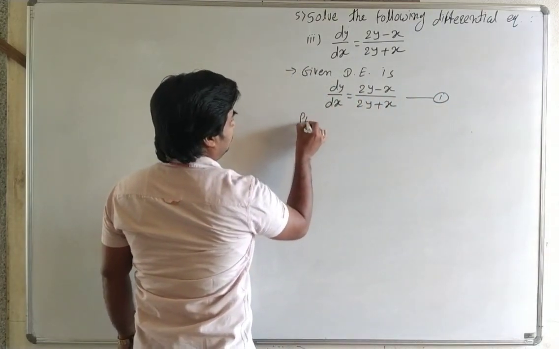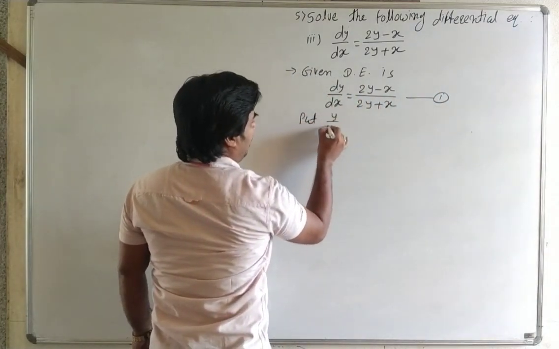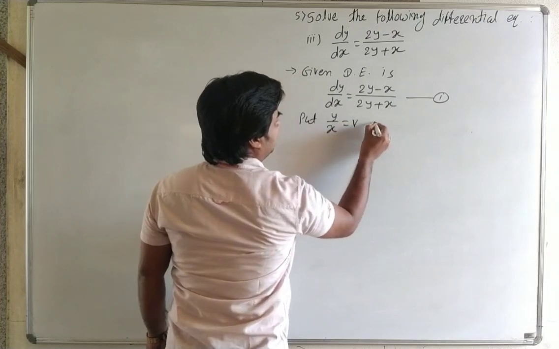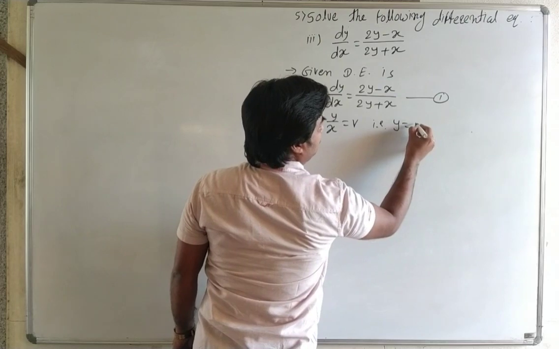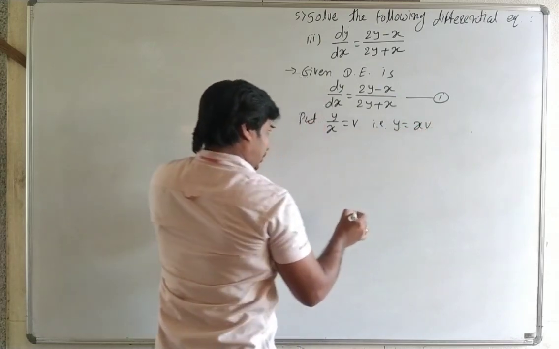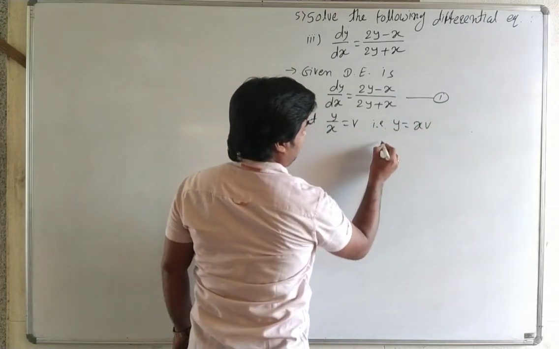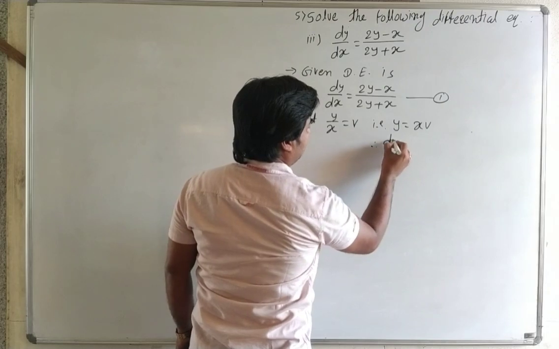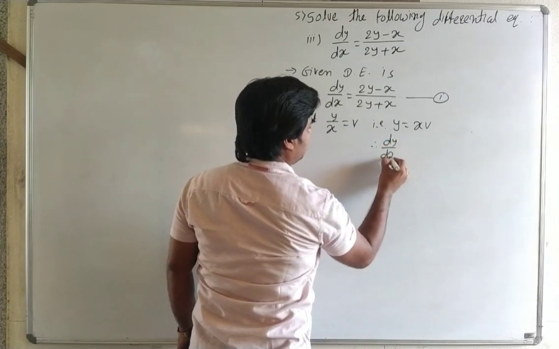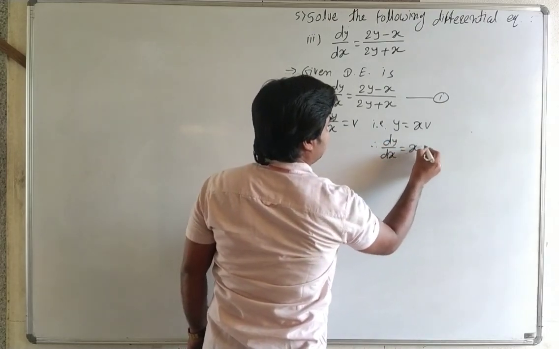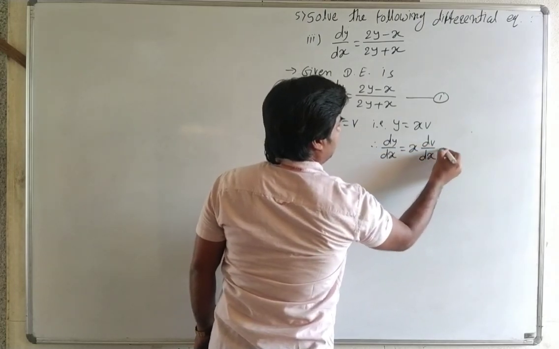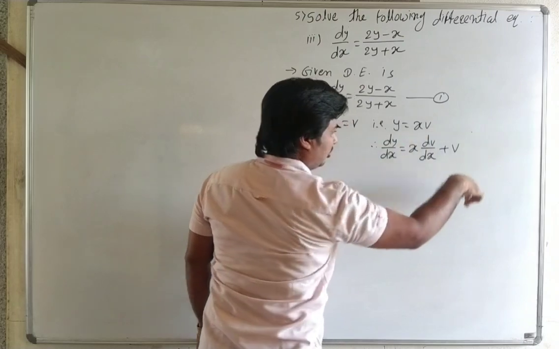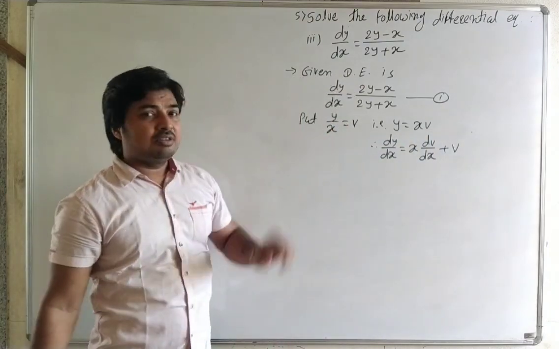So we put y by x is equal to v, that is y is equal to x into v. Now differentiate with respect to x, therefore we can write dy by dx is equal to first as it is, derivative of the second, plus second as it is, and derivative of x, it is 1. That means it is dy by dx.